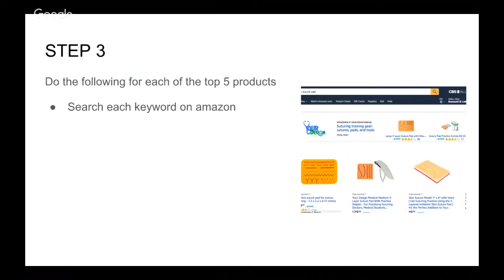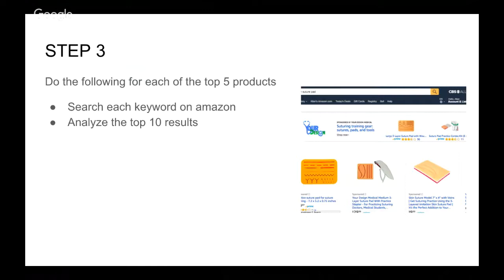Amazon is going to give you different results for each keyword. For each keyword, you can almost consider it its own market or niche, but we want to find a group of 5 keywords that we're going to use to optimize and then launch our product. So I analyze at least the top 10 results of each keyword.